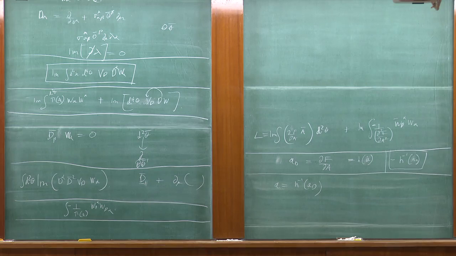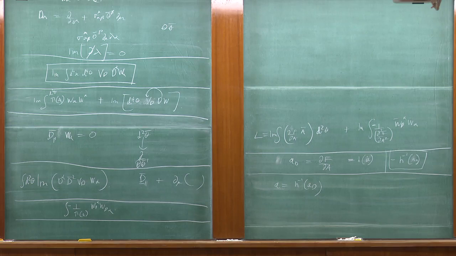Now what I'm going to do is change my thought process. Instead of A being the basic field in the problem and AD being determined in terms of A, I will treat AD as the basic field in the problem and let A be determined in terms of AD. Since we're doing a path integral, I can choose AD to be the integration variable. I have to keep track of Jacobians. Let me come back to that.